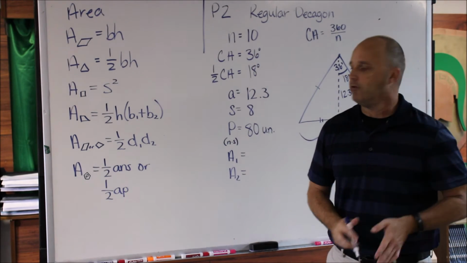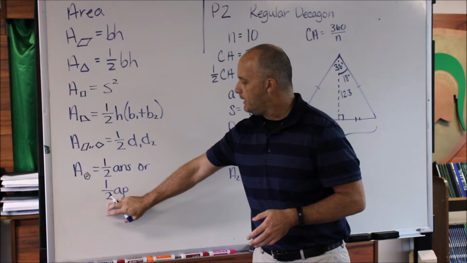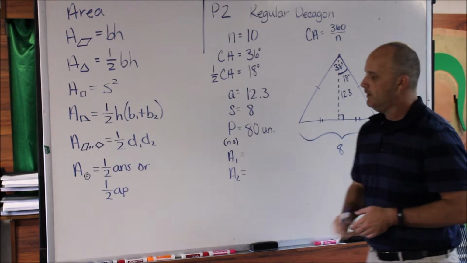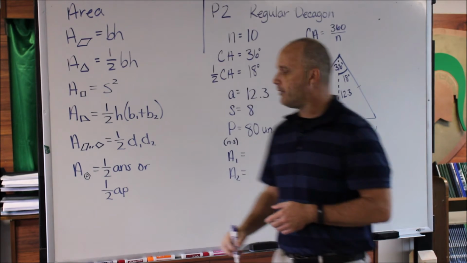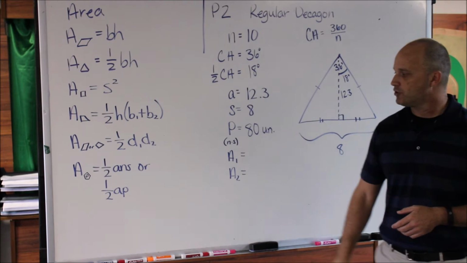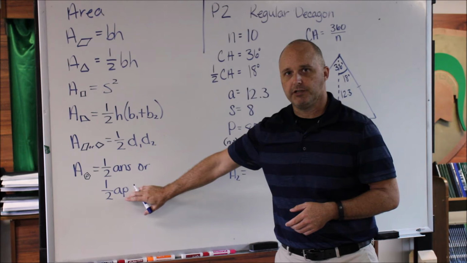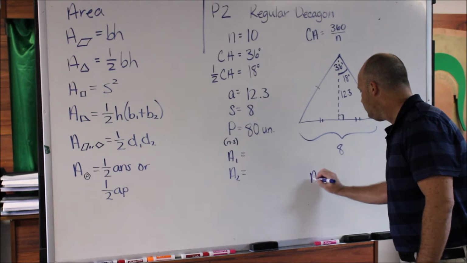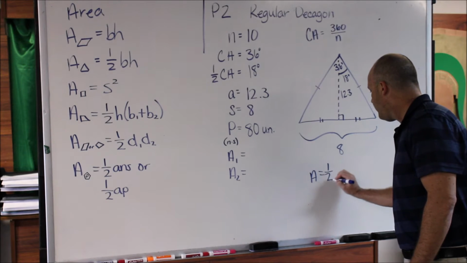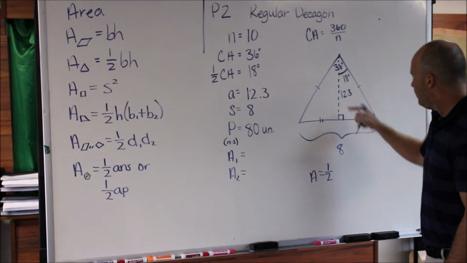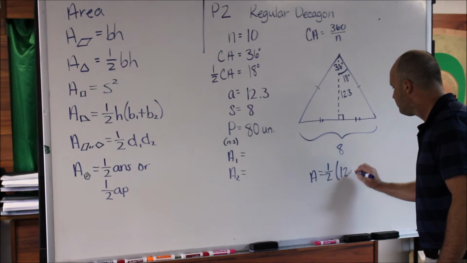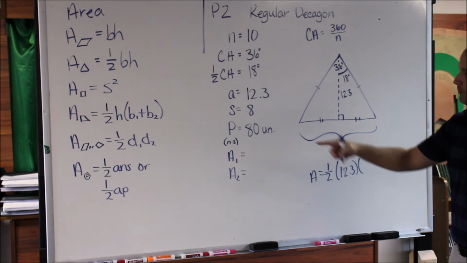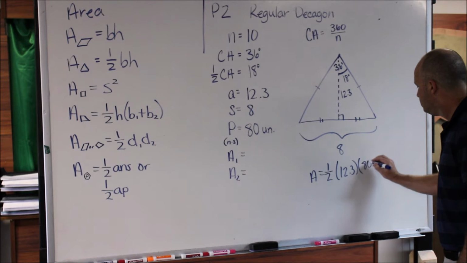Now, since we've already got the apothem is 12.3 and the perimeter is 80, we're actually good to go and use this particular formula right here. So we get A equals 1/2 times the apothem 12.3 times the perimeter 80.